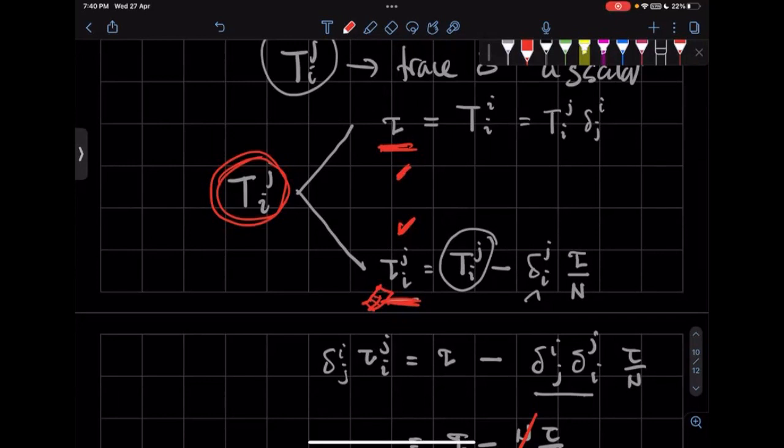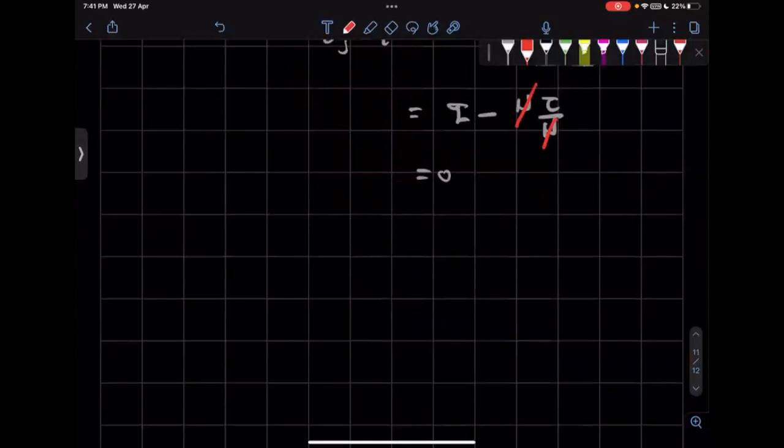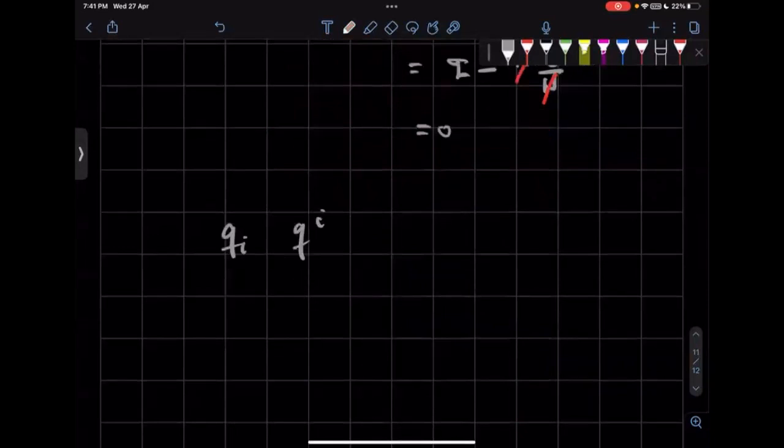Okay, so this is the kind of technique that we use. For example, if I give you Qi and Qi upstairs, you can say Qi Qj, let me just call this f of ij.